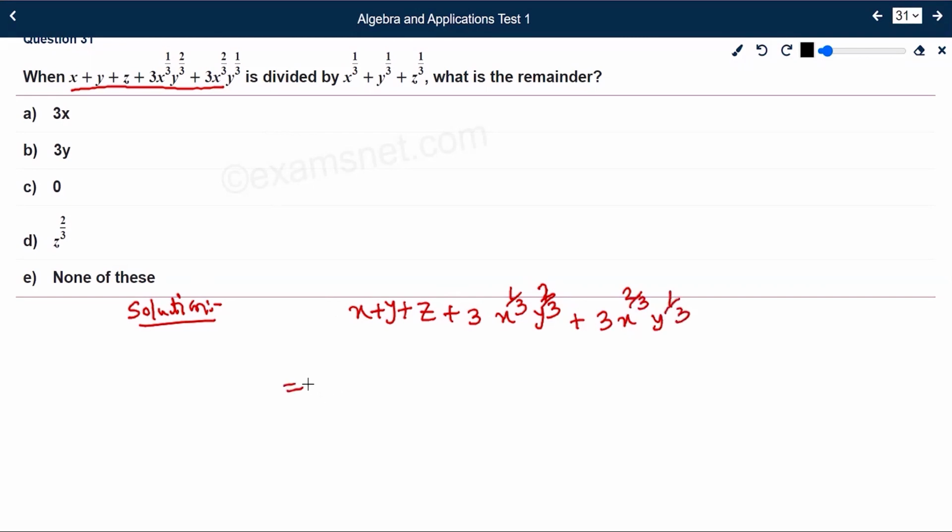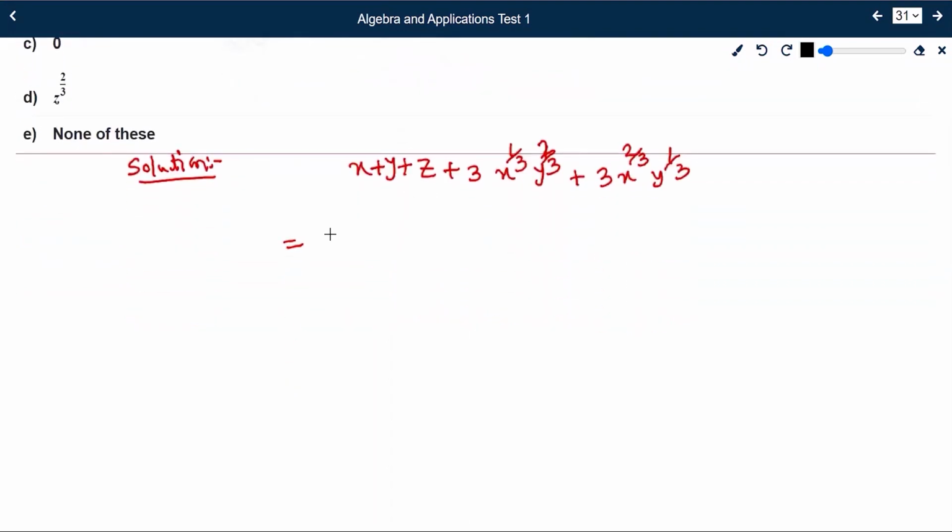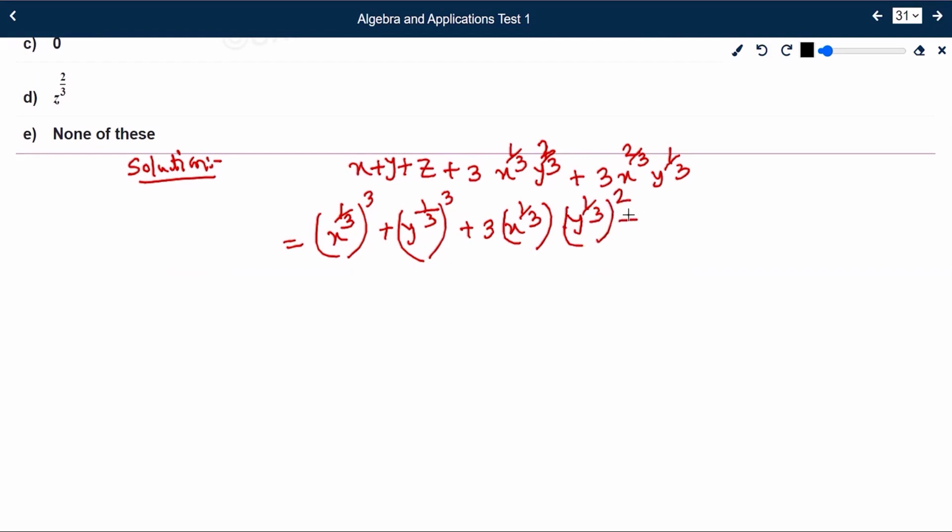Okay, now I can balance it in such a way so that this x can be written as x to the power 1/3 whole cube plus y to the power 1/3 whole cube plus 3 x to the power 1/3 multiplied by y to the power 1/3 whole square plus 3 x to the power 1/3 whole square multiplied by y to the power 1/3, and this z can also be written as z to the power 1/3 whole cube.